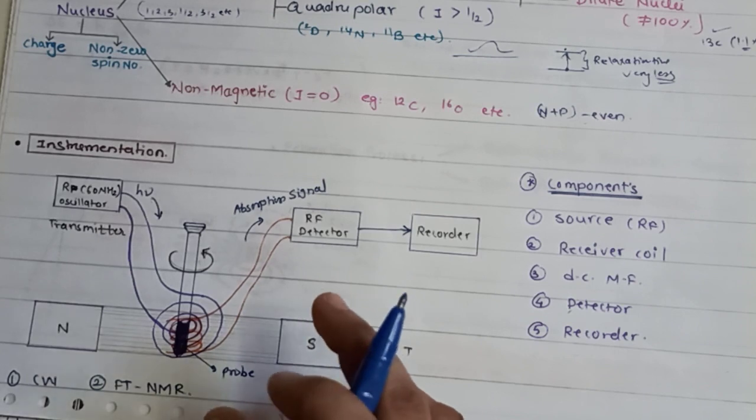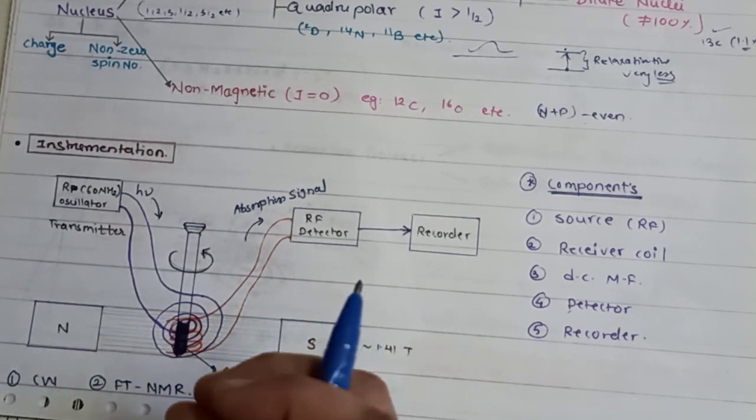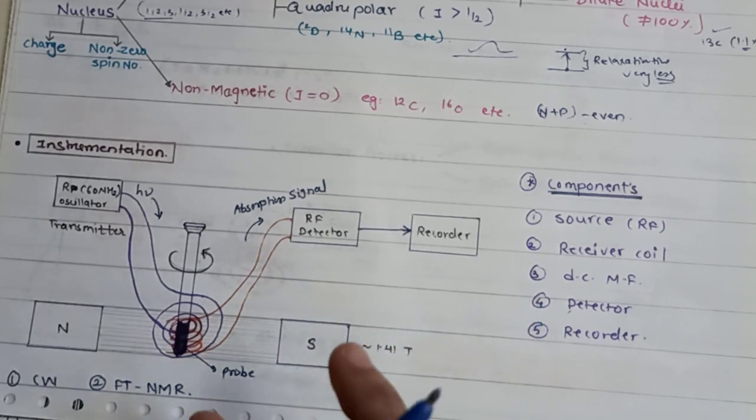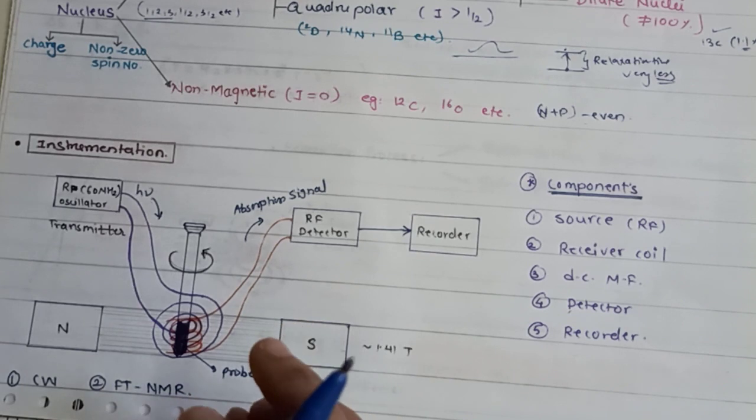So the solvent quantity taken should be very precise, generally 4.5 to 5.5. That much amount we have to take as the sample volume, okay.